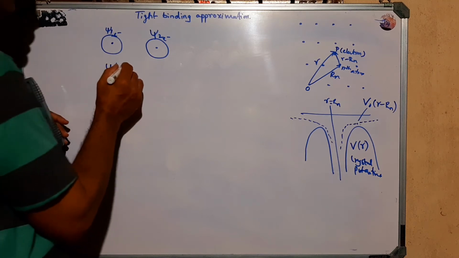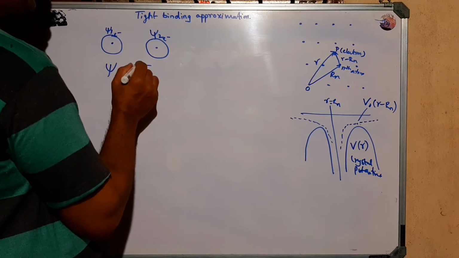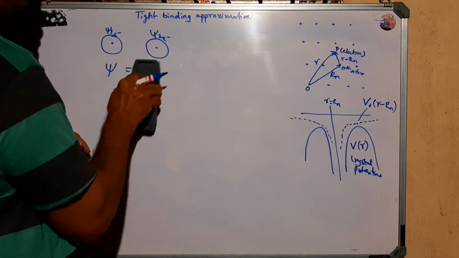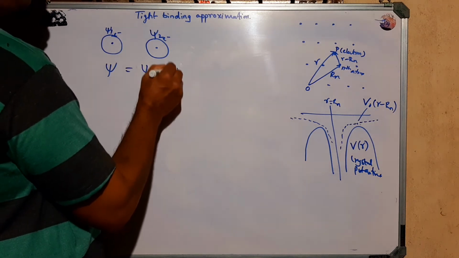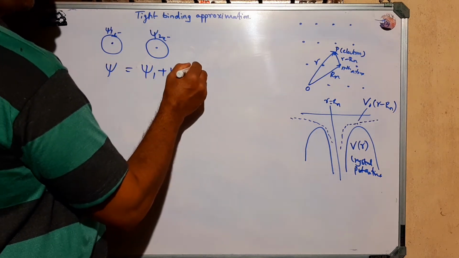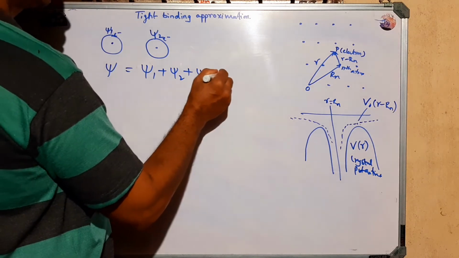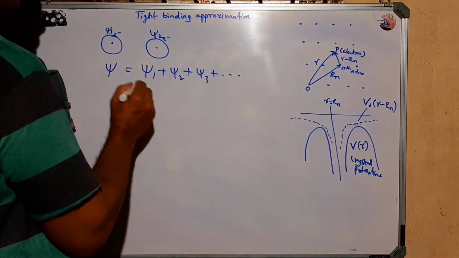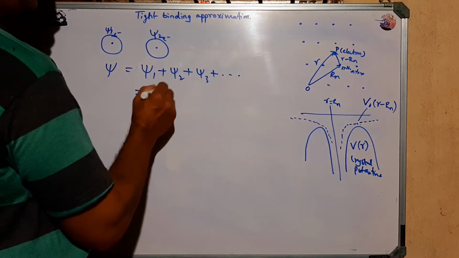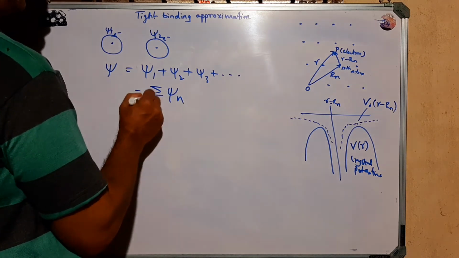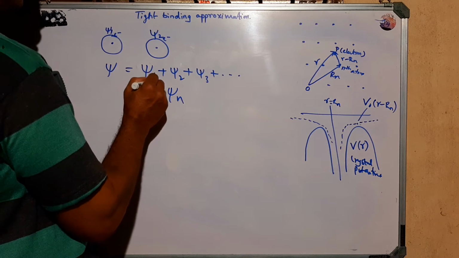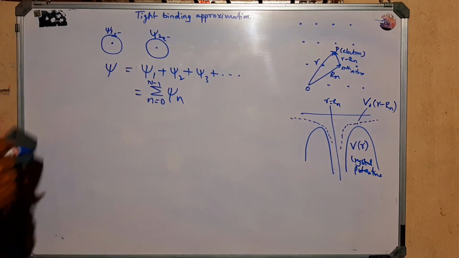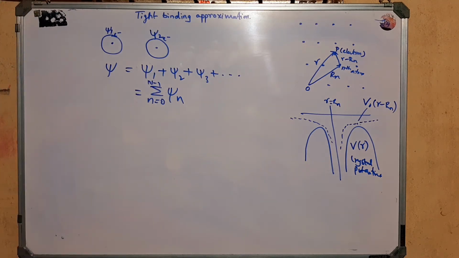Xi is nothing but the linear combination of the wave functions of the n number of electrons present in the given sample. So you can write this as xi n, where n varies from 0 to n minus 1. There are n number of atoms.